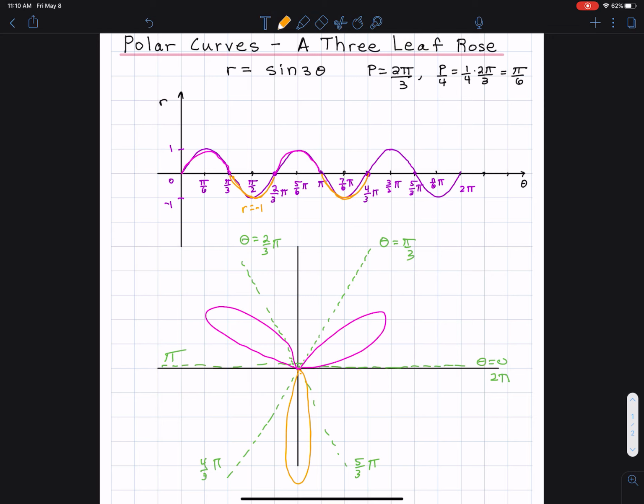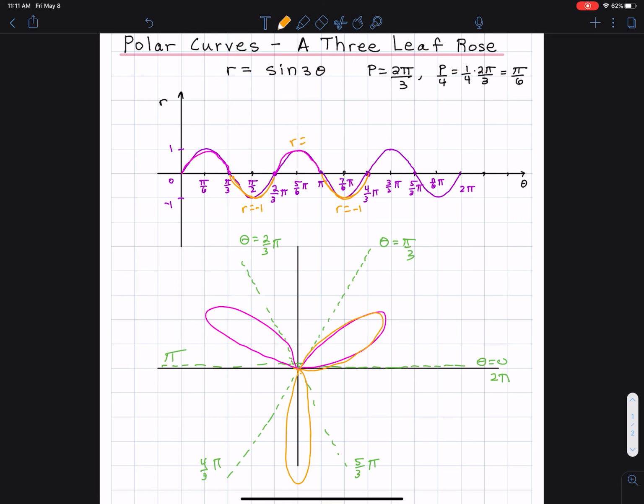Between pi and 4/3 pi, I get r is -1 again. See here, r is 1. So when r is -1, between pi and 4/3 pi, all those points get reflected to the other side. That curve is going to be reflected to the other side. So it's actually going to come around again.